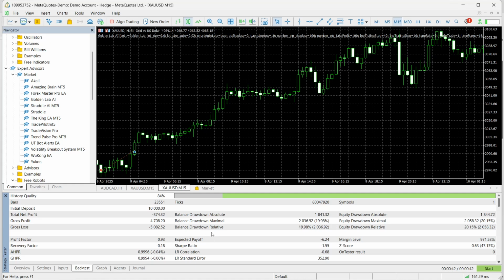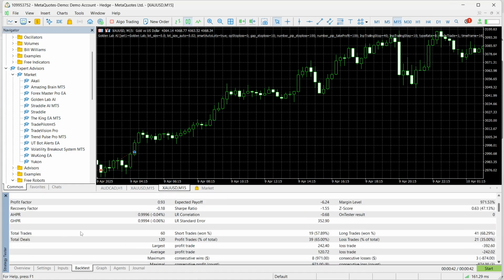Okay, so compared to high frequency EAs, the lower trade counts, you can see we had just 60 trades for the 1 year period. So the lower trade count and technical focus aim for higher quality, but it also means performance can be slow to materialize.